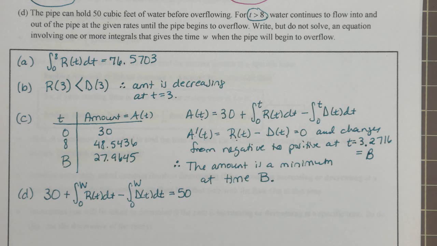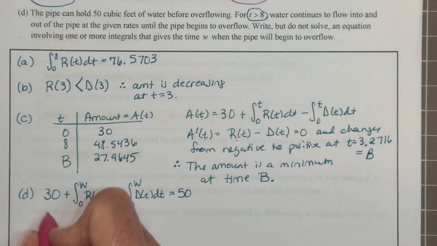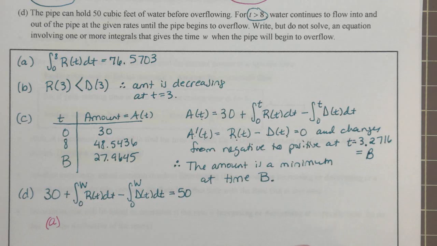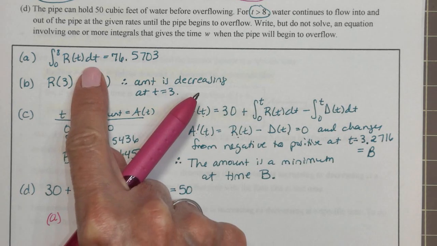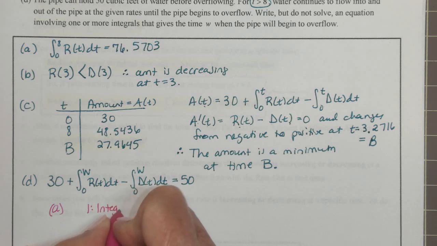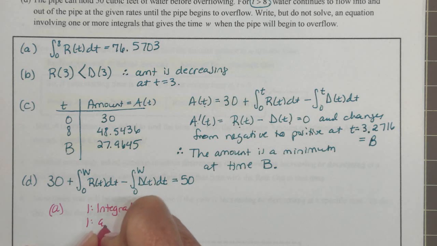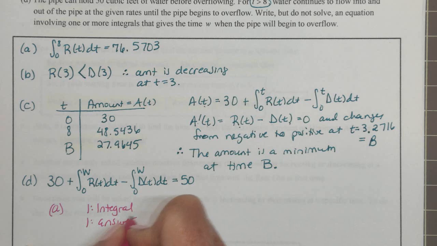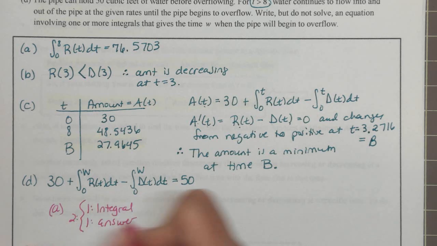Let's take a look at how this one was scored. Okay, for part A, that quick problem there. For part A, 1 point for the integral, 1 point for the answer. 2 points.